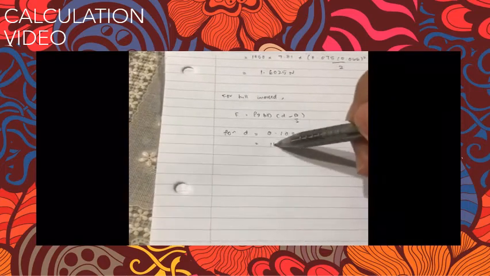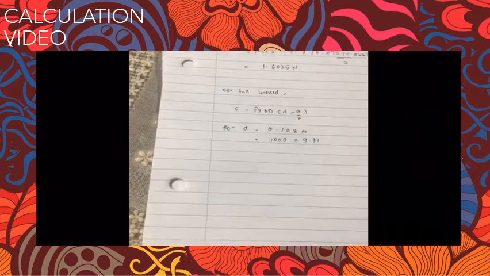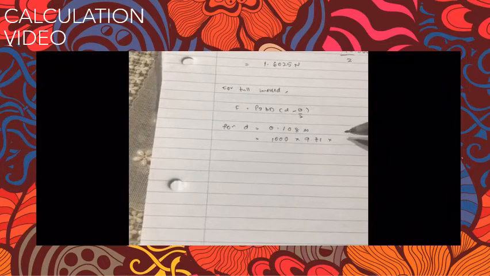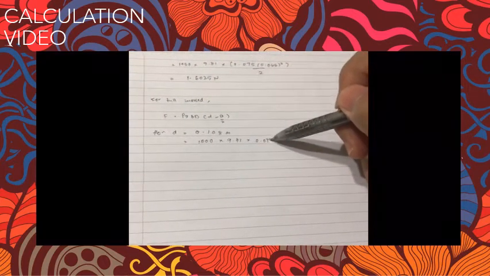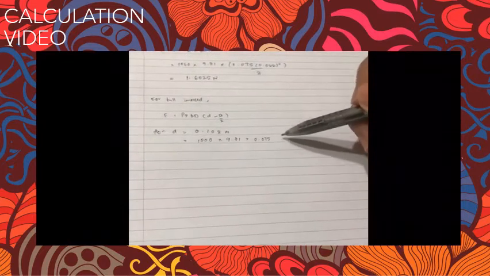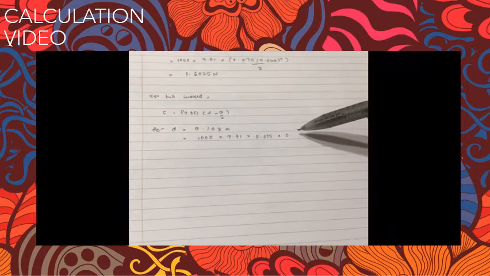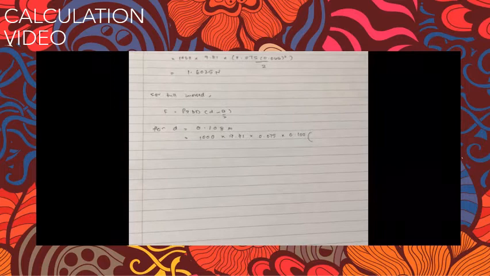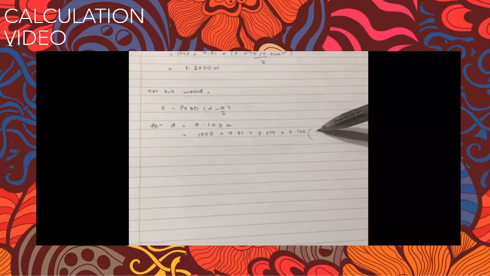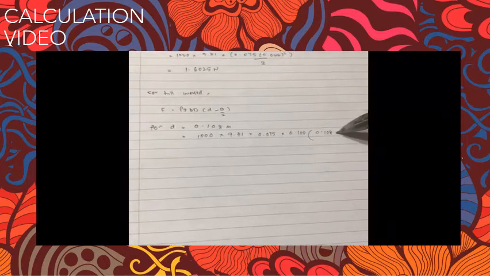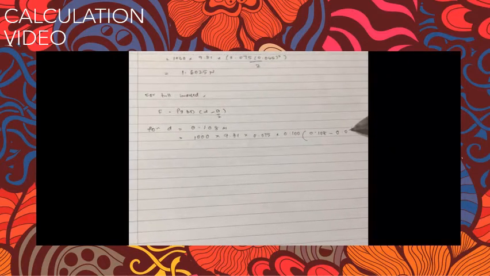So 1000 times 9.81 times 0.075 times 0.100 times (0.108 minus 0.05).